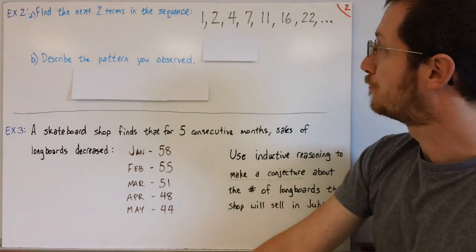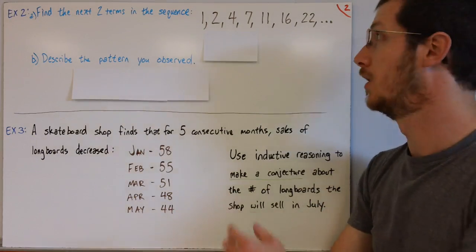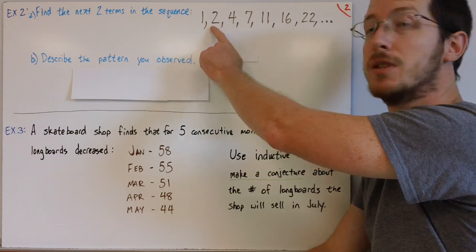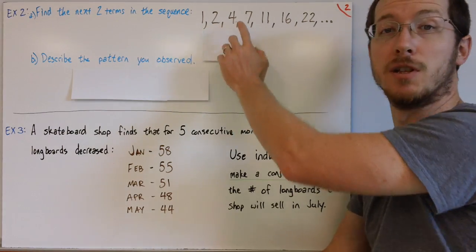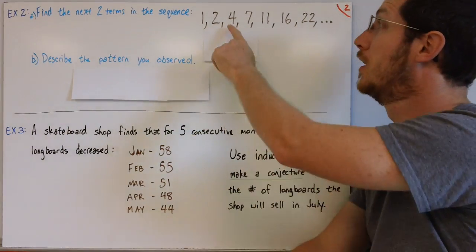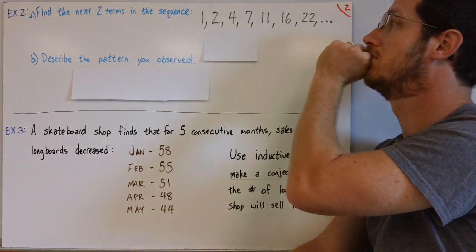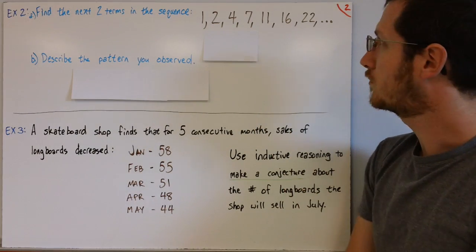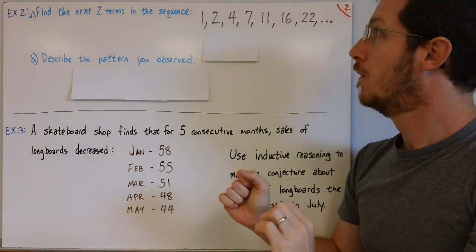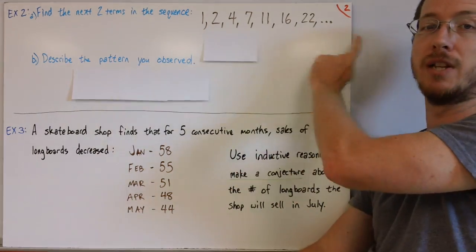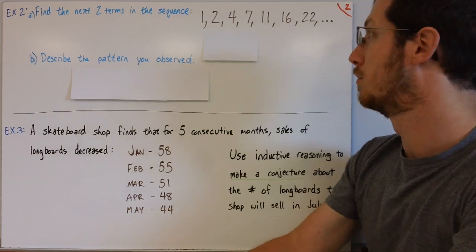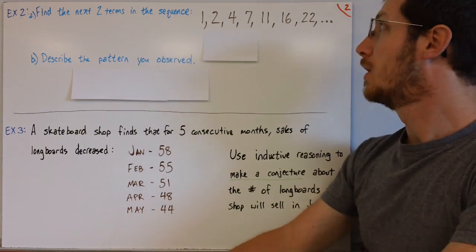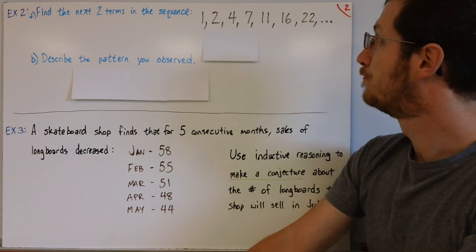So that's not going to work. We can try multiplication. 1 times 2 gives us 2. 2 times 2 gives us 4. The first two work. That's good. 4 times 2, not 7. So for our pattern to work, it's got to work for the entire sequence, not just for the first couple. So we need to come up with another plan.